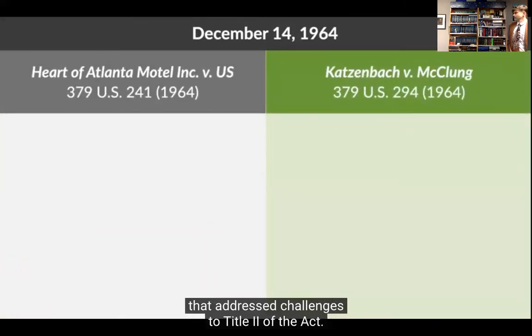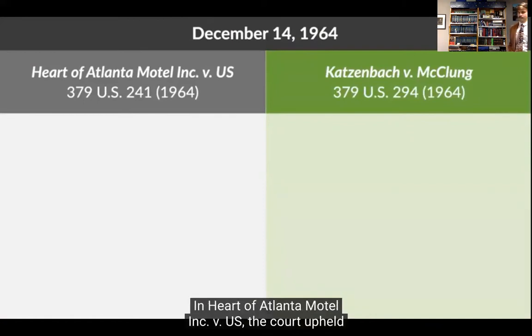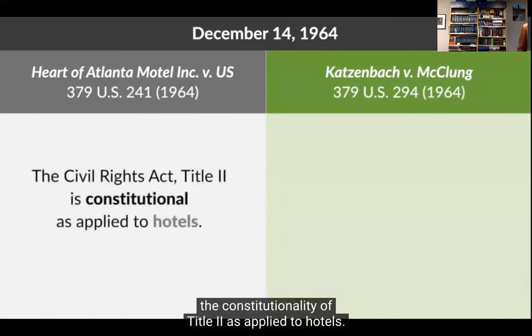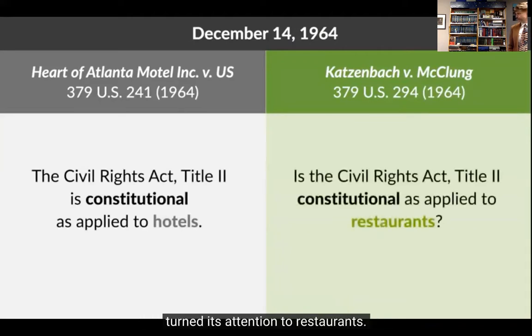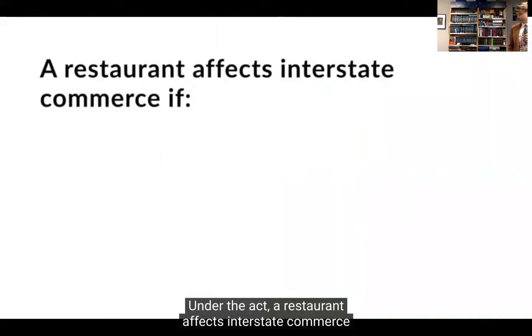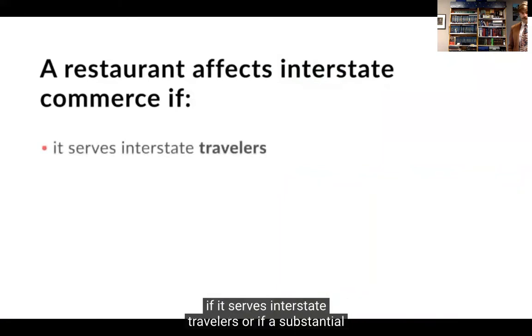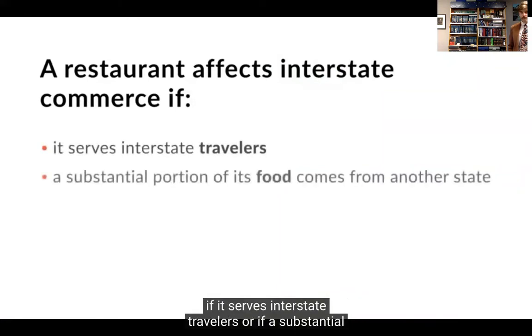On the same day in 1964, the court issued two decisions that addressed challenges to Title II of the Act. In Heart of Atlanta Motel, Inc. versus United States, the court upheld the constitutionality of Title II as applied to hotels. Then, in Katzenbach versus McClung, the court turned its attention to restaurants. Under the Act, a restaurant affects interstate commerce if it serves interstate travelers, or if a substantial portion of its food comes from another state.